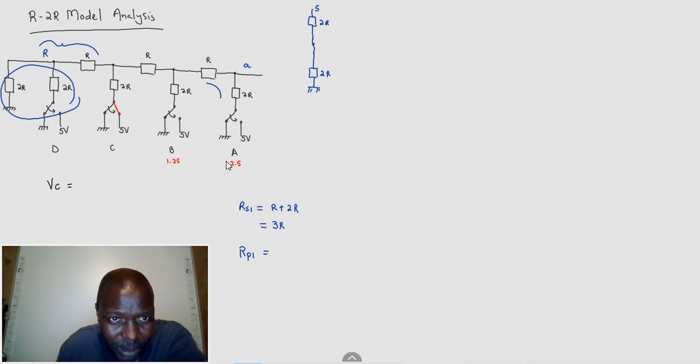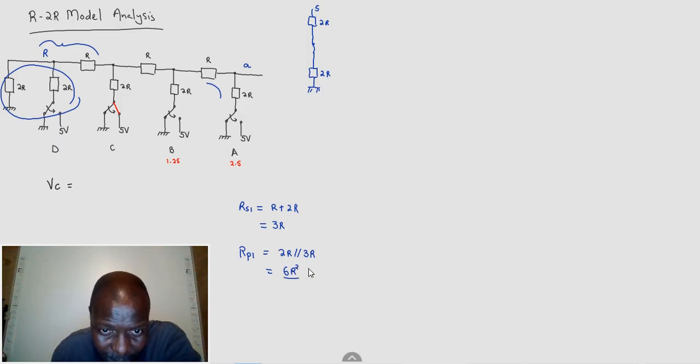Let's work out that parallel value: 2R parallel to 3R. We've done this before. That gives 6R squared over 2R plus 3R, which is 5R. Now R into R squared is R, so you are going to have 6R over 5. We've done this before.